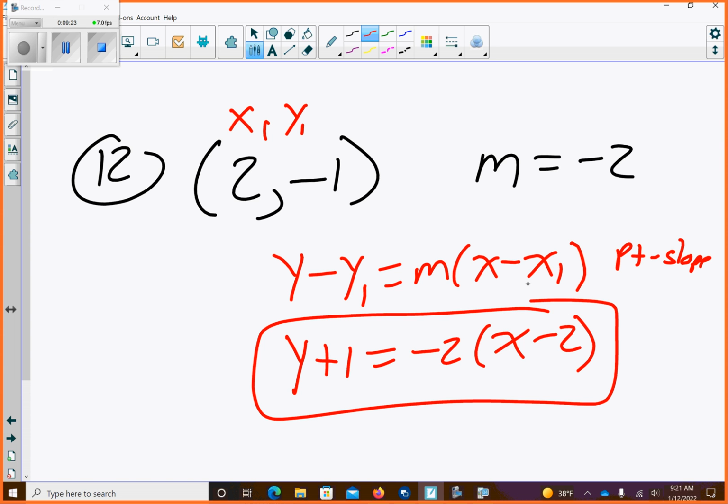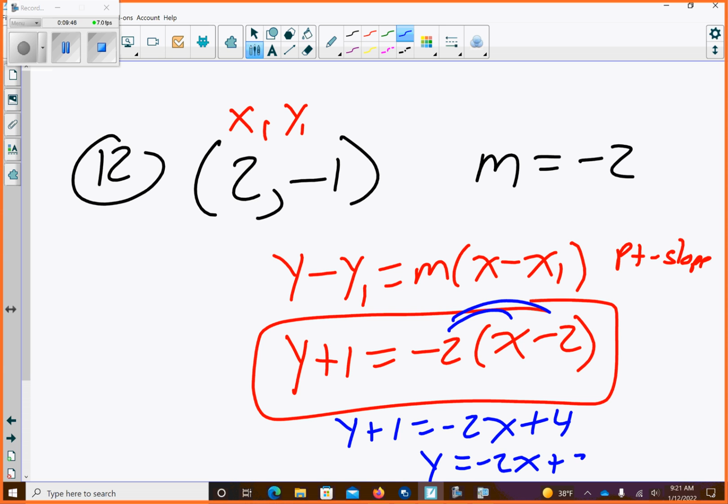This is where in Algebra 1, a lot of students want to go further. They don't want to leave it as point slope because it doesn't seem done. They want y equals it to be done. So if you truly wanted to do this way, and then subtract 1. So this equation here is the same as this.